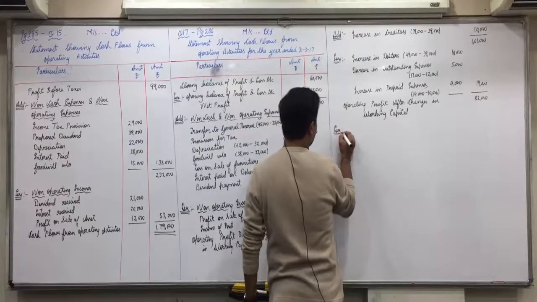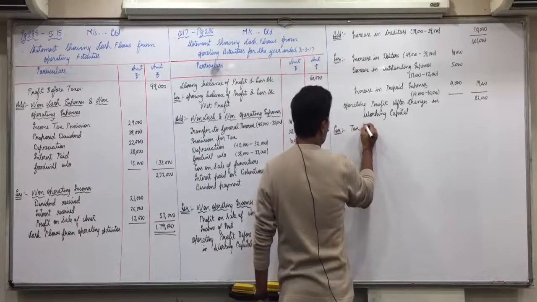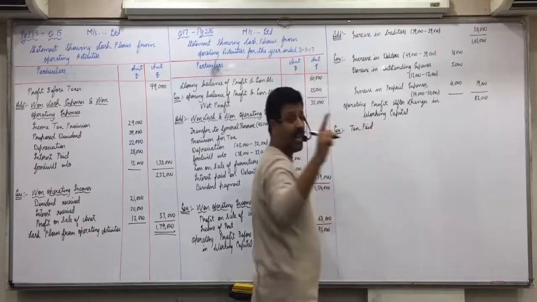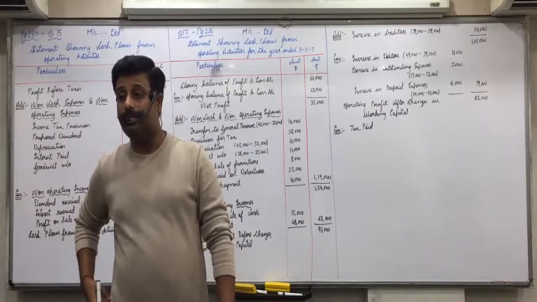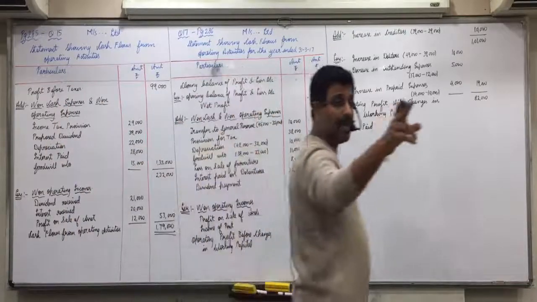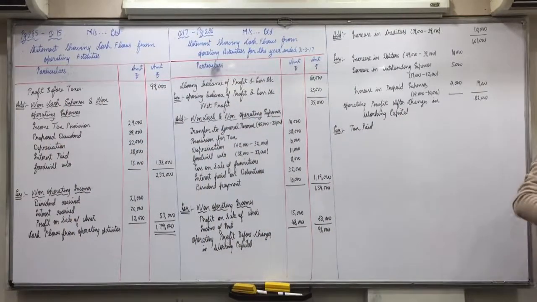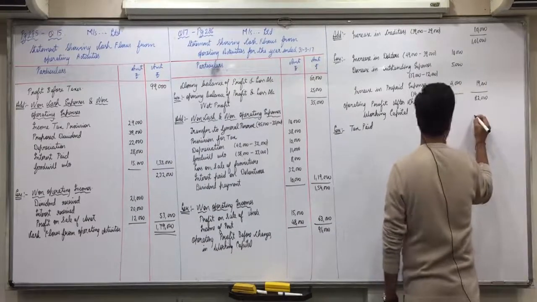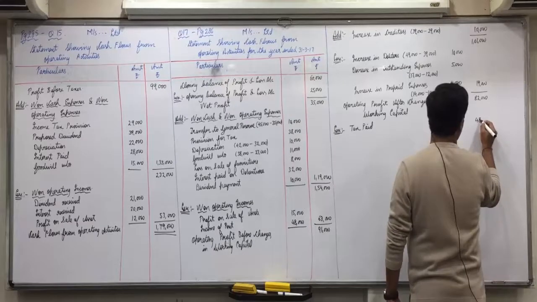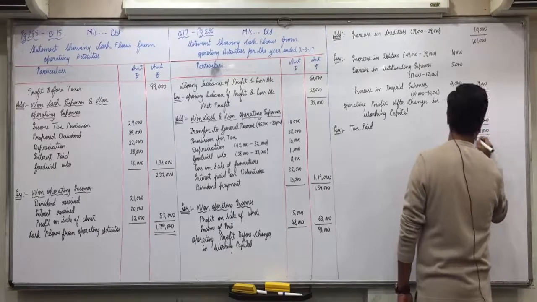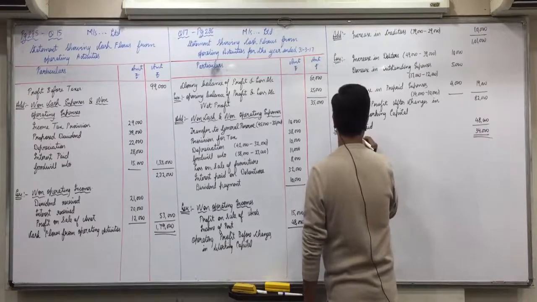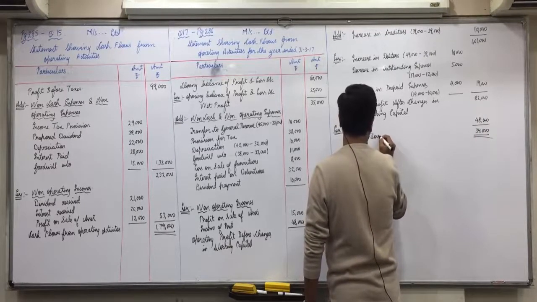So let's see tax paid. All of you see in tax provision I made you write O minus and that is 48,000. Yes. So tax paid is 48,000. 82 minus 48, 34,000 is cash flows from operating activities.